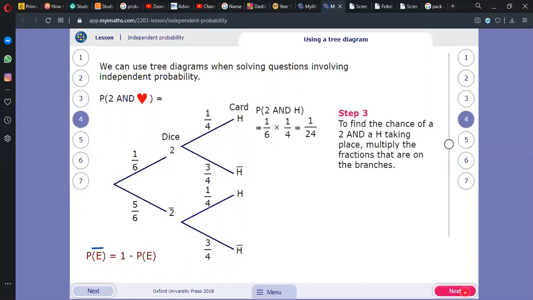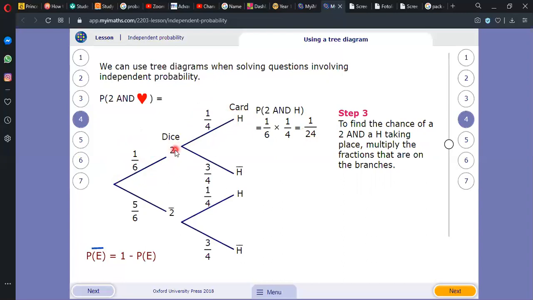Okay, moving on. Now, the probability of getting a 2 and a heart will be 1/6 here times 1/4, which is 1/24. Now, why did I choose 1/6 and why did I choose 1/4 on these 2 branches? It's because this is a 2 and this is a heart from the pack of cards.